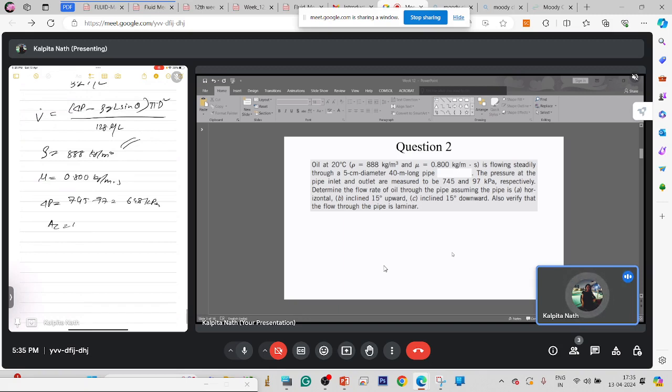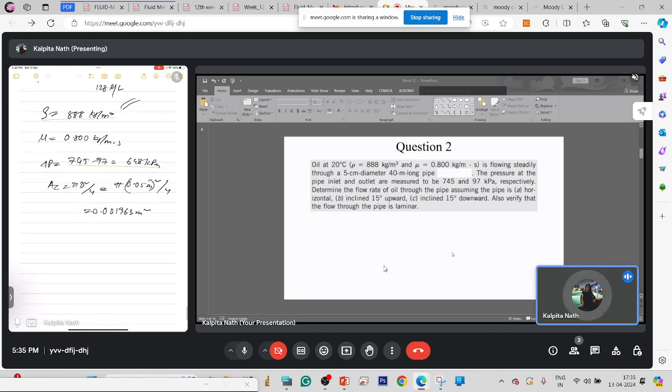The cross section is pi D square by 4, which is pi times 0.05 meter whole square by 4, equals 0.001963 meter square. Now for the first case, theta is equal to 0, so sine theta is equal to 0. We need to find the volumetric flow rate. Take 2 minutes to solve this, then we'll proceed with the solution.